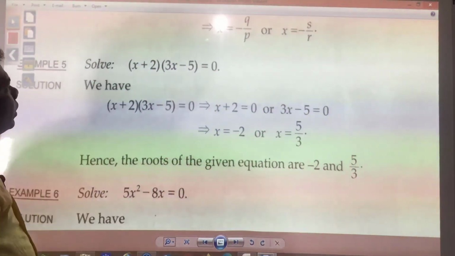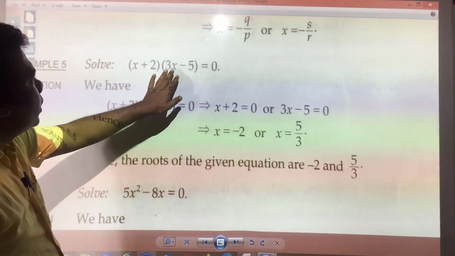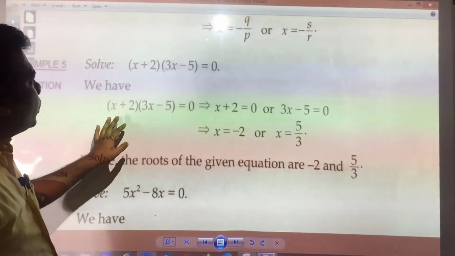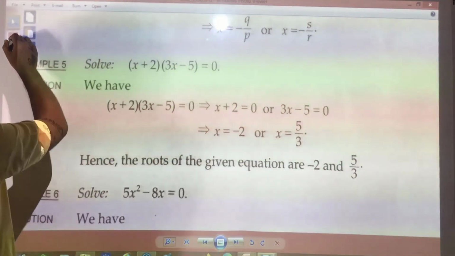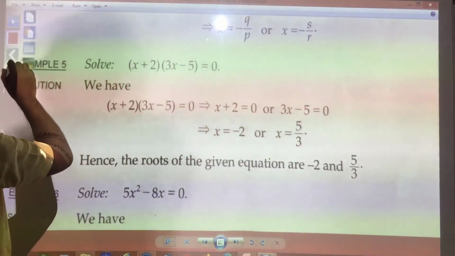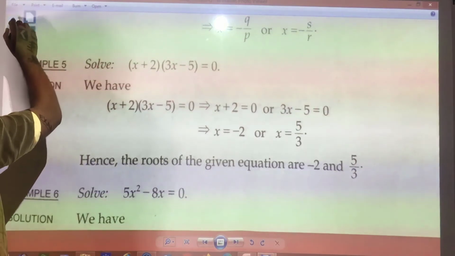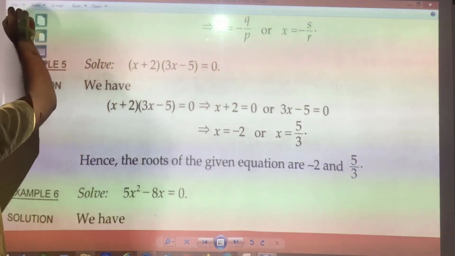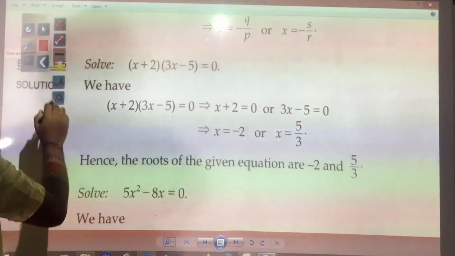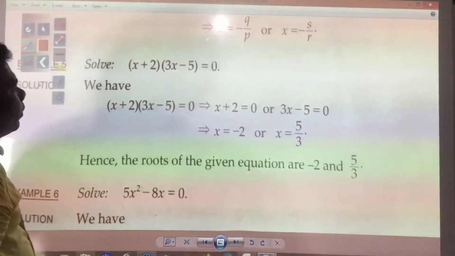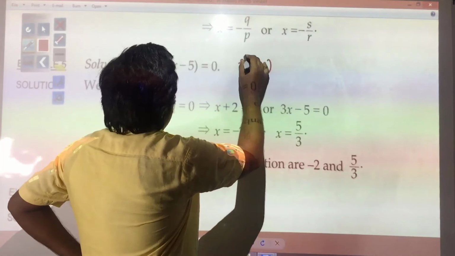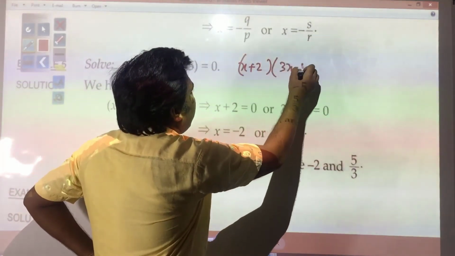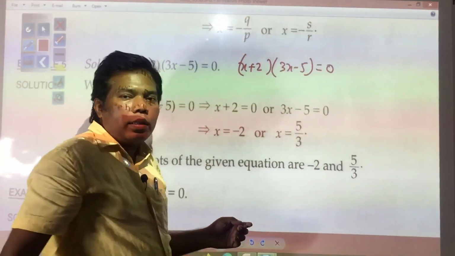Suppose you have x plus 2 and 3x minus 5, what needs to be done? If x plus 2 into 3x minus 5 is equal to 0, what does it mean?